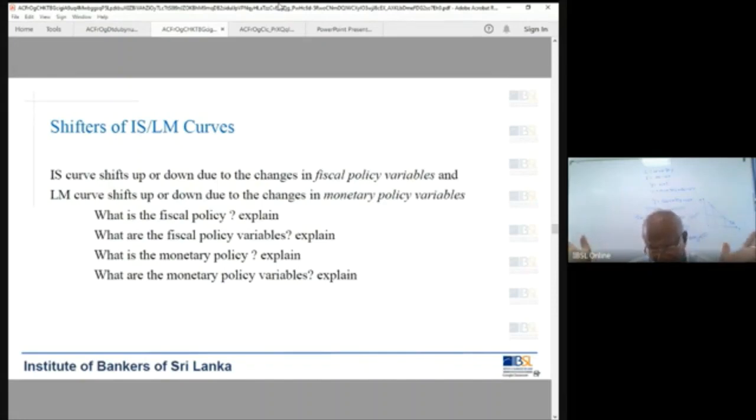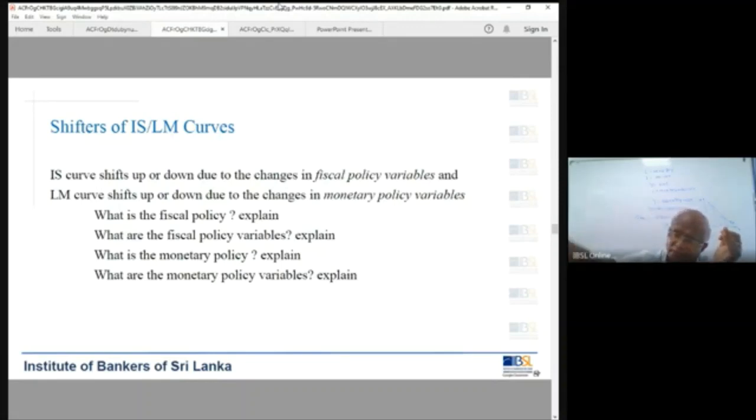These are conscious policies taken by the central bank to change the stock of money and the price of money, the interest rate. Variables: repo rate, standing deposit rate, standing lending rate, the bank rate, the reserve ratio. Right? Fiscal policy variables: government expenditure, taxes mainly.